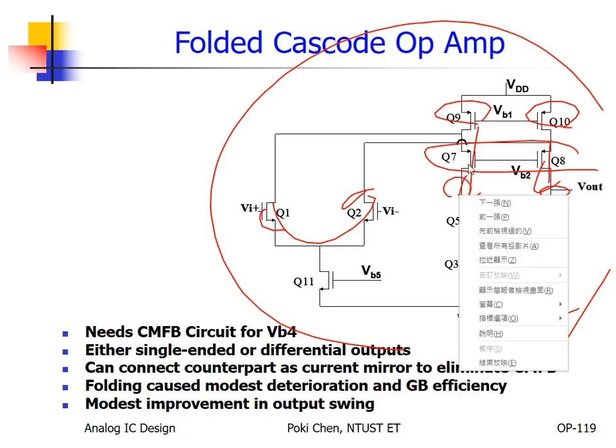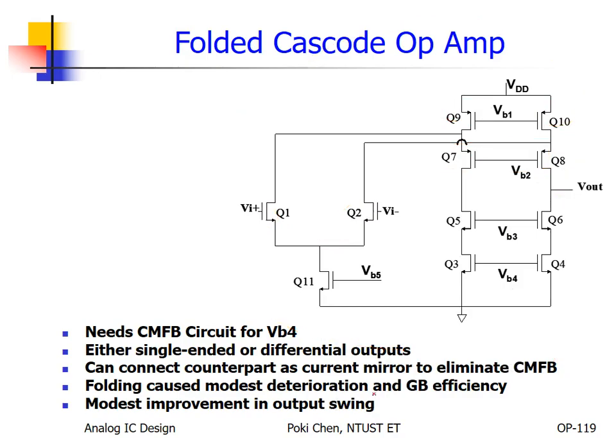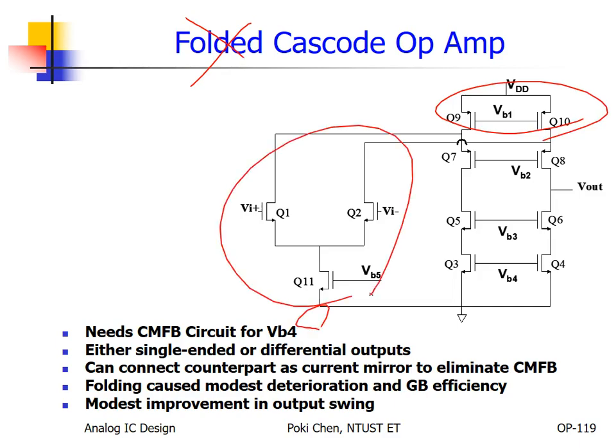If you hate folded cascode, you can remove this. Then again, take it and shake. This will flip upward, right? Then it will become P-type. That is the P-type telescopic cascode op-amp. That's it. Wow.